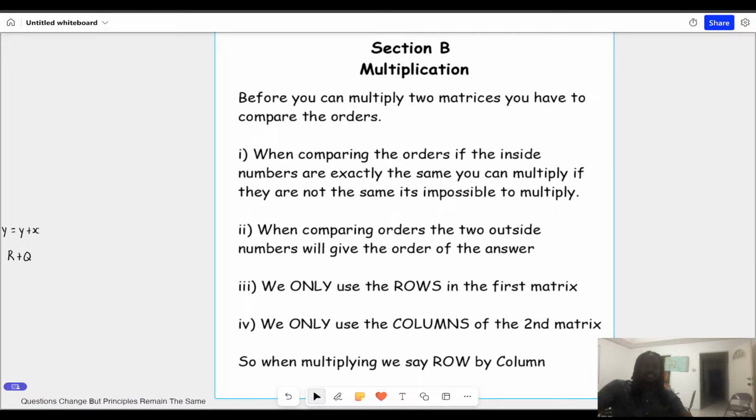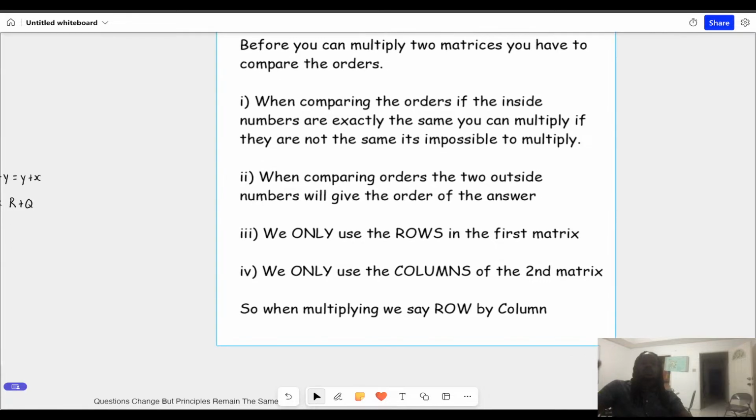Next, the second principle. When comparing orders, the two outside numbers will give the order of the answer. Please make sure you keep that in mind. The two inside numbers, the two middle numbers, if they are the same, you can multiply.